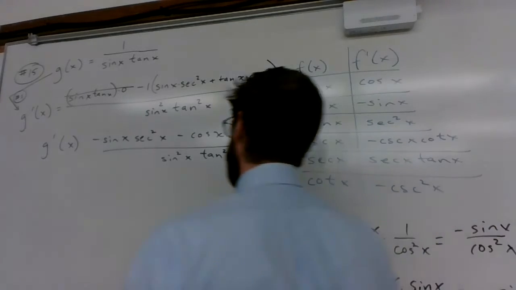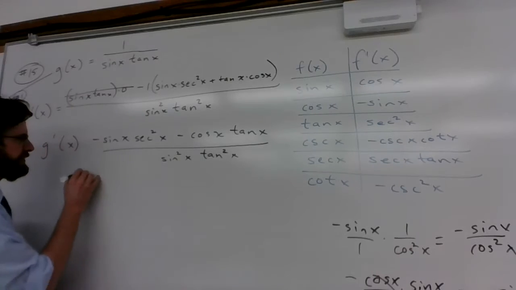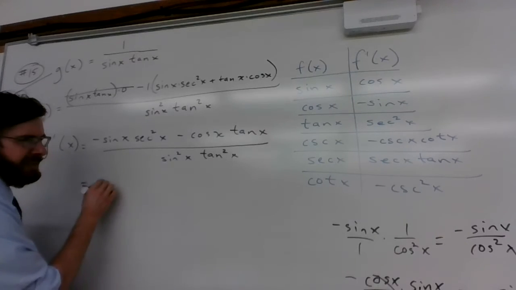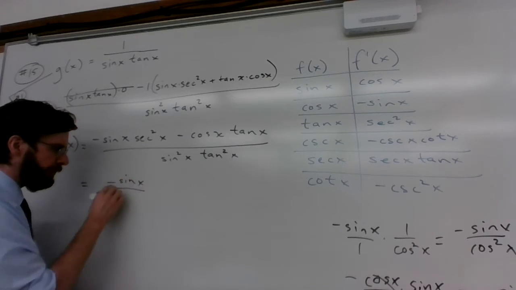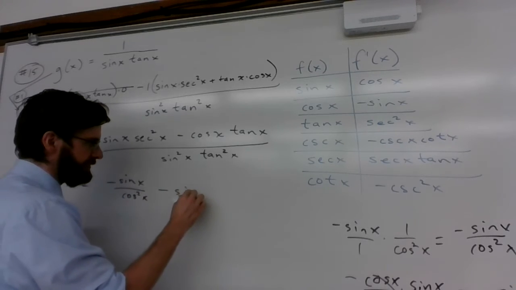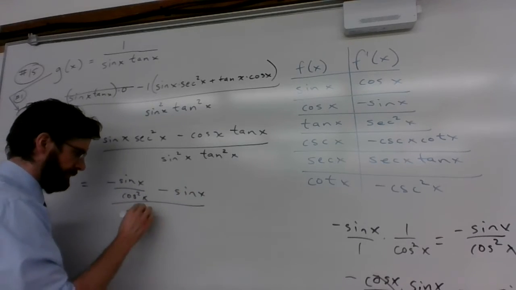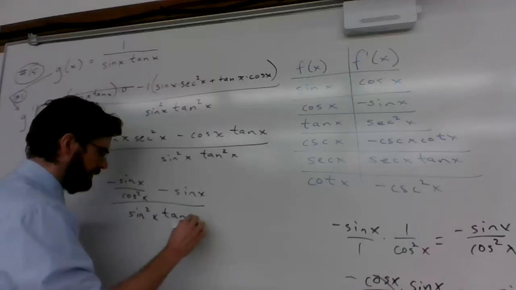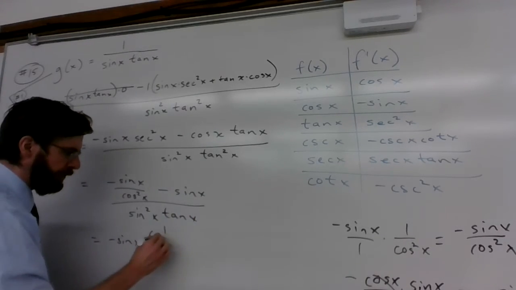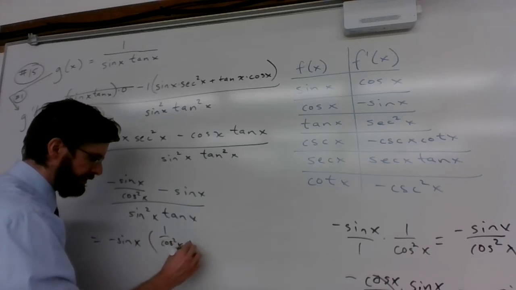Well, that's interesting. I could technically say that this was the same as negative sine of x over cosine squared of x minus sine of x. You could factor out a negative sign, and you'd be left with 1 over cosine squared plus 1.